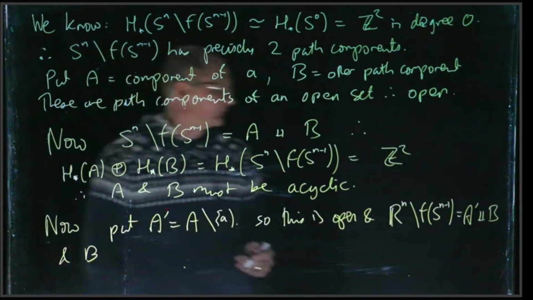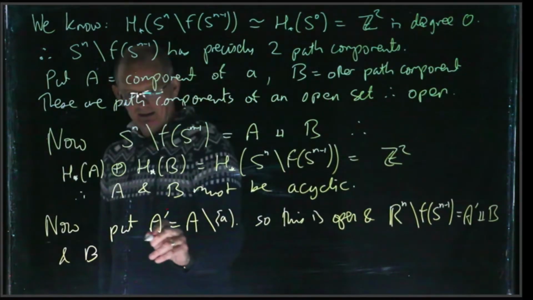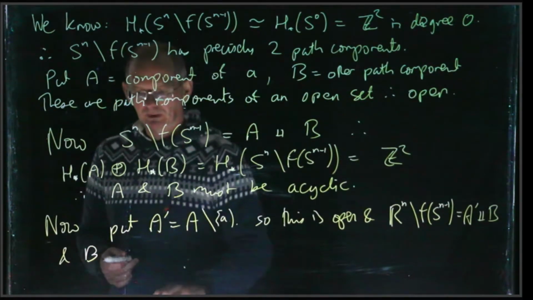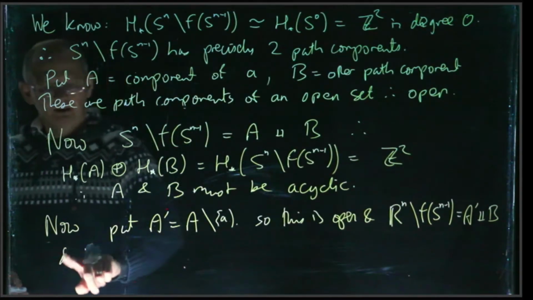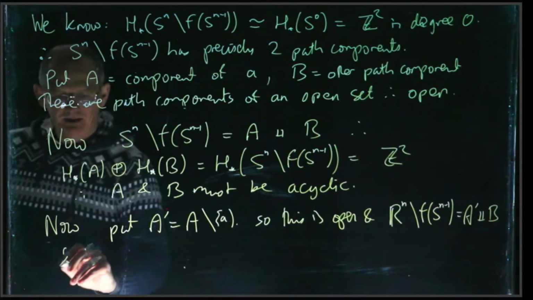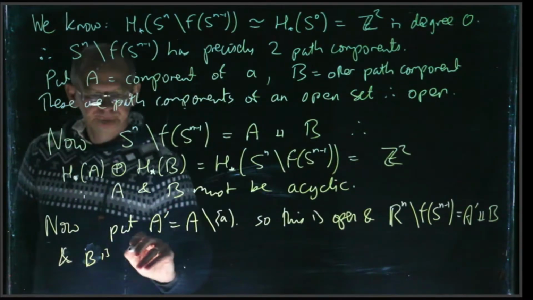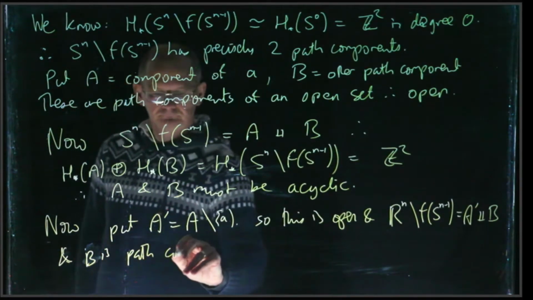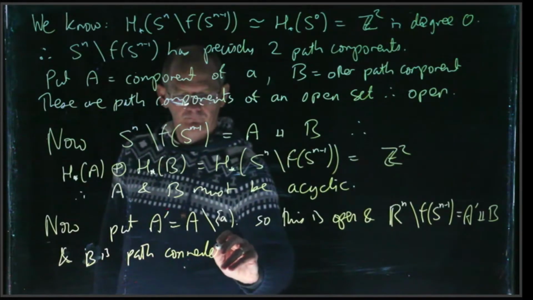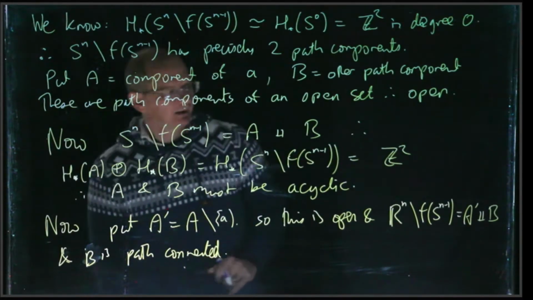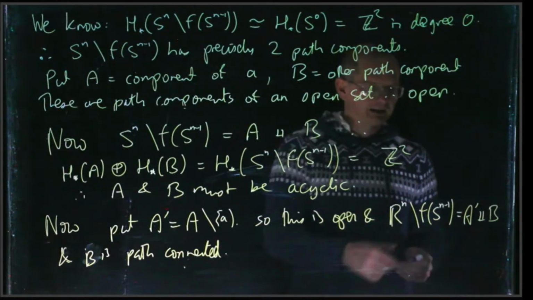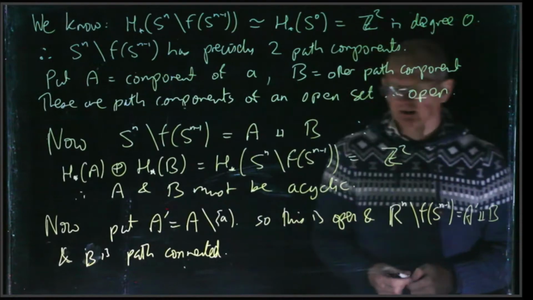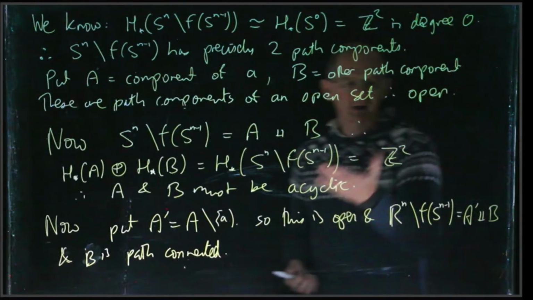Here B, remember, is contained in the... well, let's just say B is path connected. And so if we can prove that A prime is path connected, then we've proved most of what we need to prove, right?